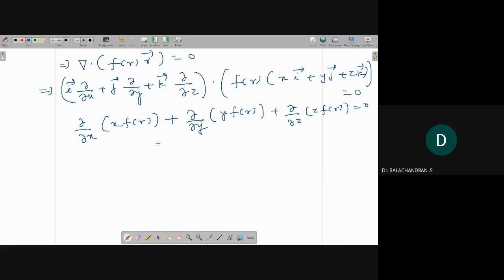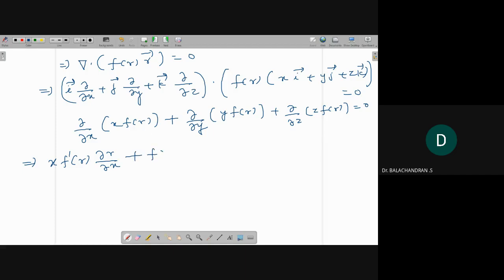Now, UV method. Differentiate. So keep x into dou f by dou x, f into f dash of r, into dou r by dou x. So keep x, if you differentiate f of r with respect to x, you will get f dash of r into dou r by dou x.